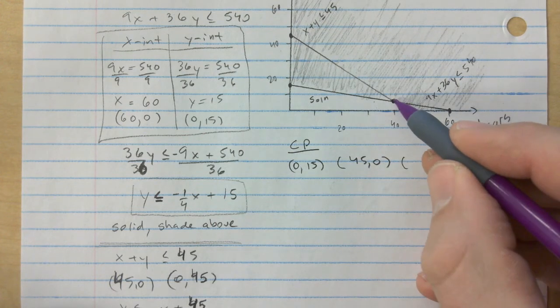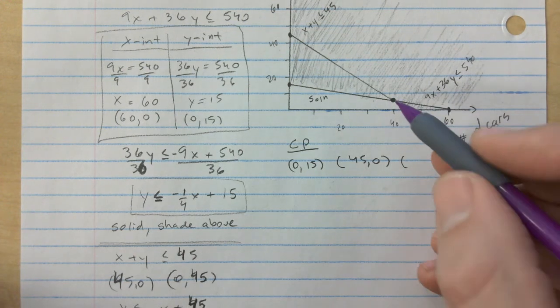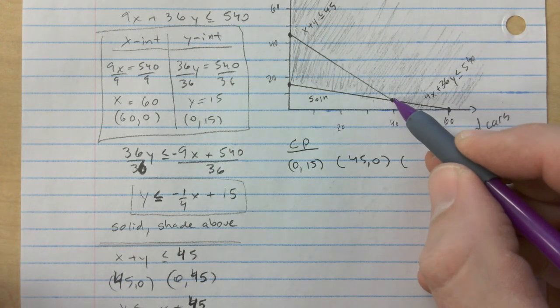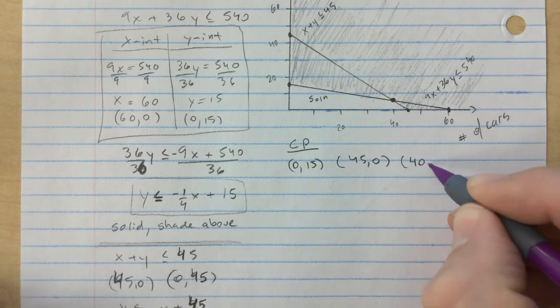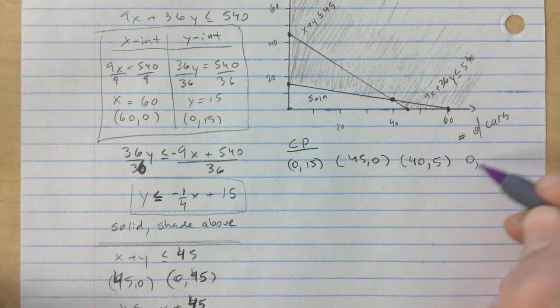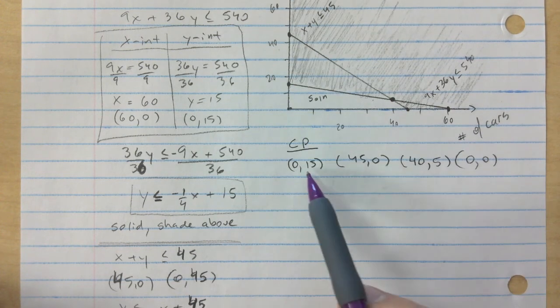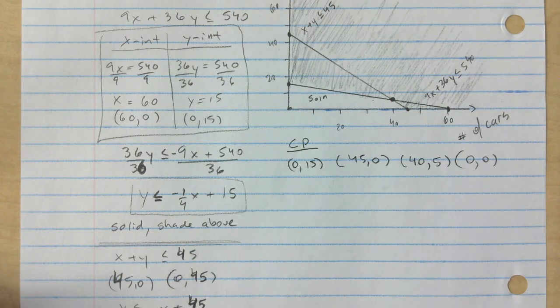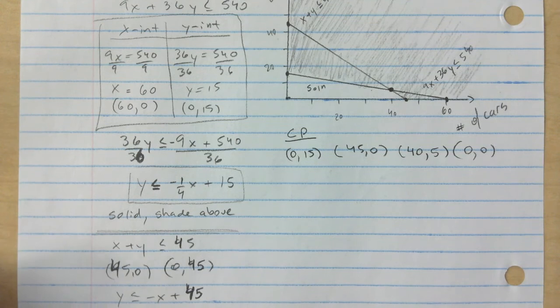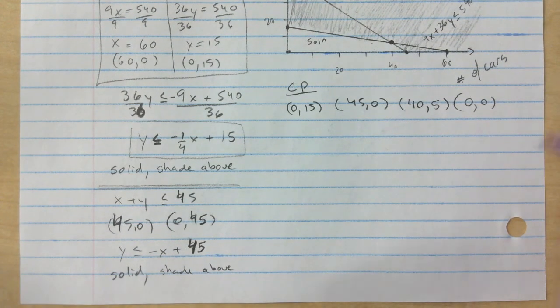And this one right here is 45, 40 and 5. And don't forget about 0, 0 here. Right? So you have 4 corner points like that. Just write them down.